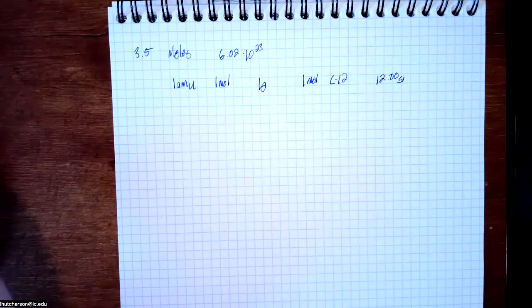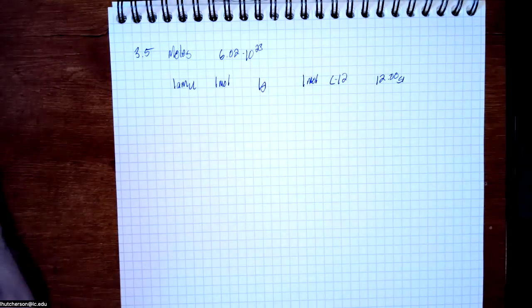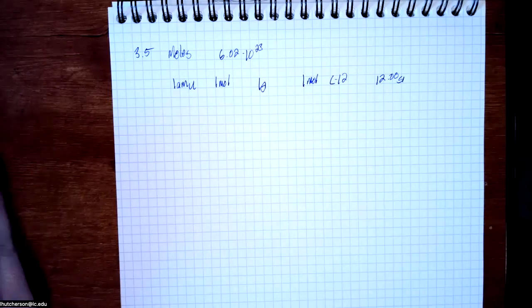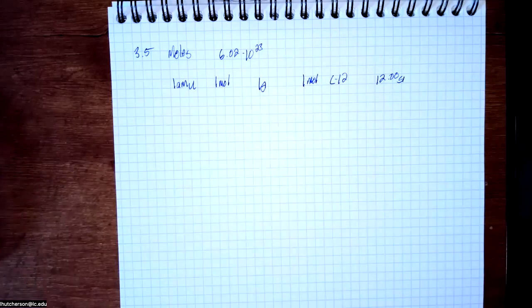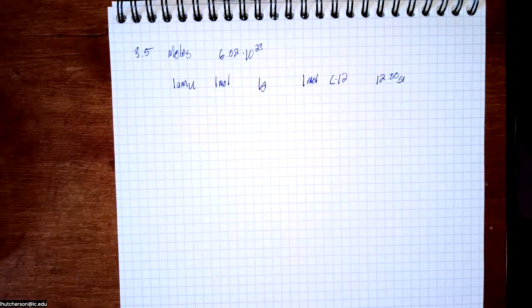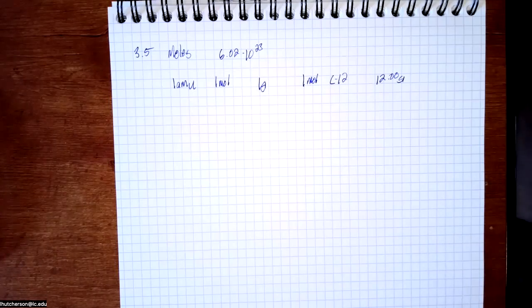Now, when we are looking at the periodic table, let me backtrack a little bit. When we look at the weight of molecules, we have to bear in mind that if we were in the lab trying to measure out 1 mole of carbon, we're dealing with a bulk sample of carbon, and we are going to have all the naturally occurring isotopes in there in the ratio we would expect.